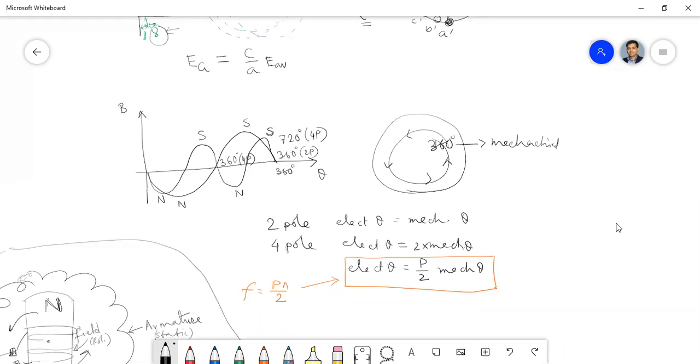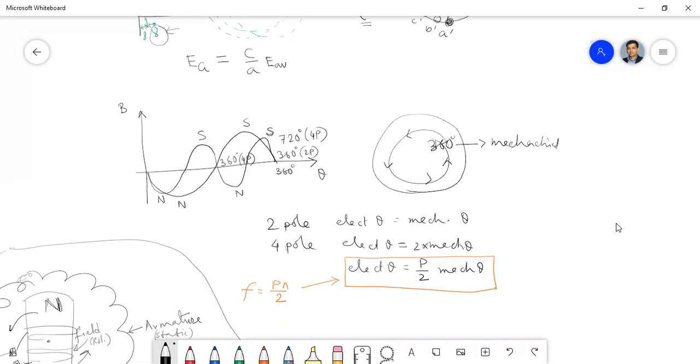All the angles you have measured so far are mechanical angles, from your school days. Suppose in a closed circle, how much angle will you get? You will get only 360 degrees.